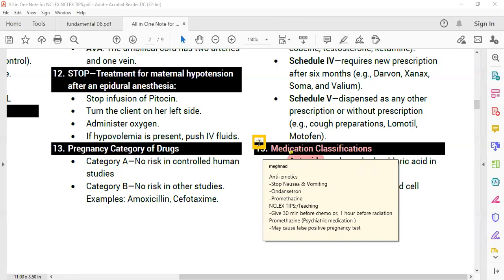Promethazine is particularly a psychiatric medication, but we can use it as an antiemetic for nausea. But it is important, every student must know, promethazine may cause a false positive pregnancy test in females.